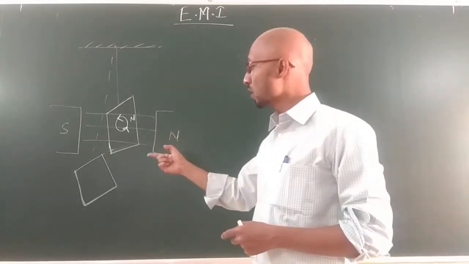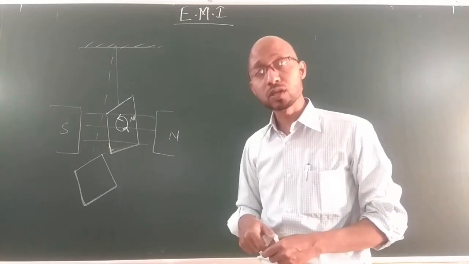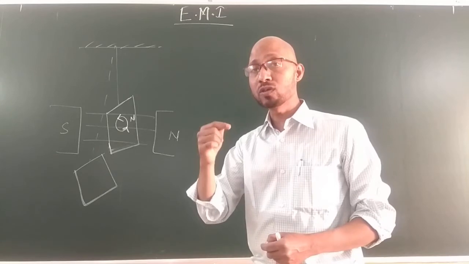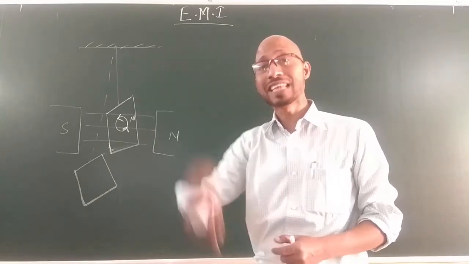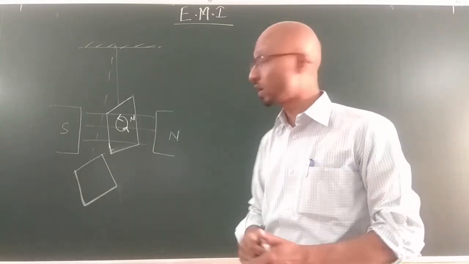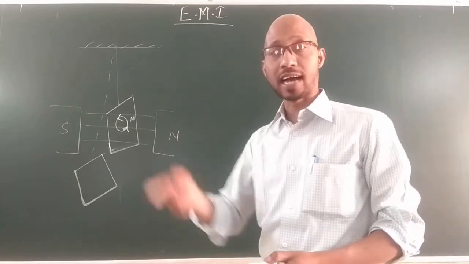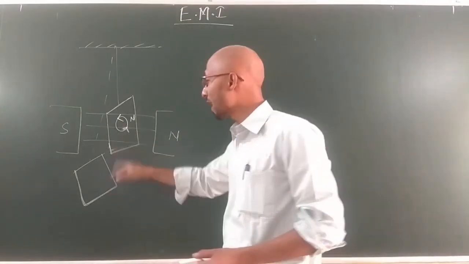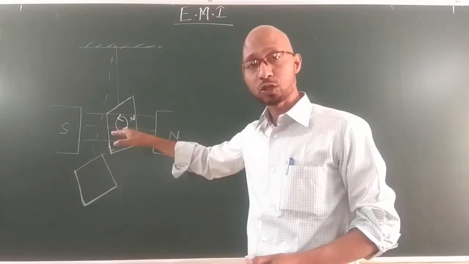Hence, once again, a current will be induced. Now, what is the direction of current? According to Lenz's law, the induced current tries to oppose the decrease. Now, to oppose the decrease, what direction has to go? Definitely, it has to go in the clockwise direction, so that it pulls back to the same position.